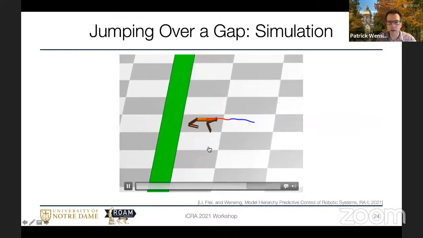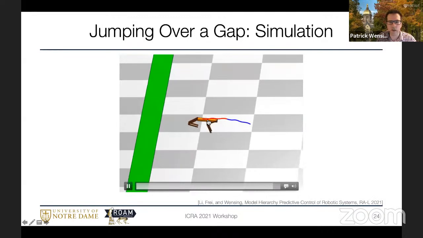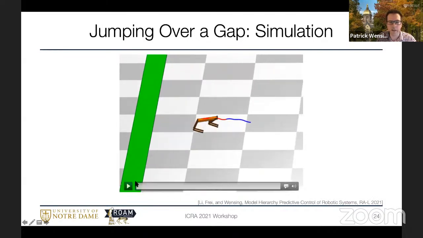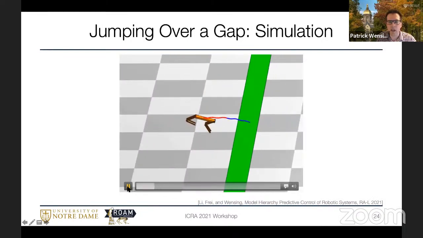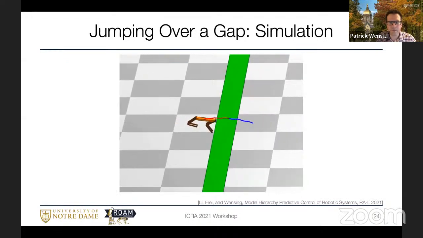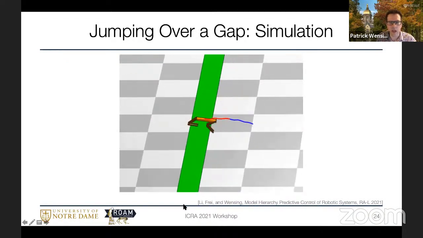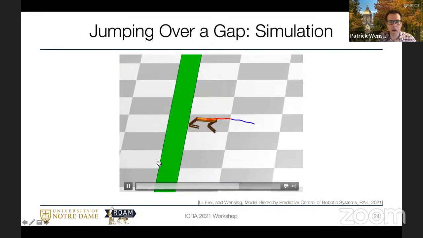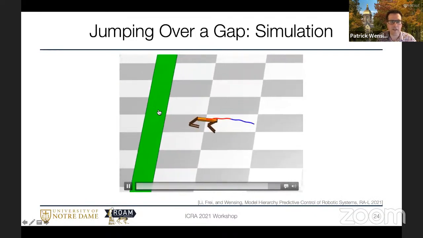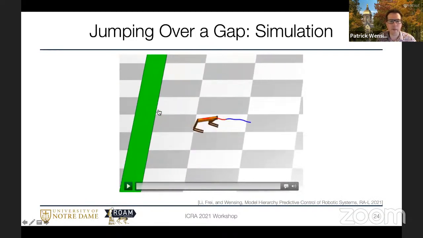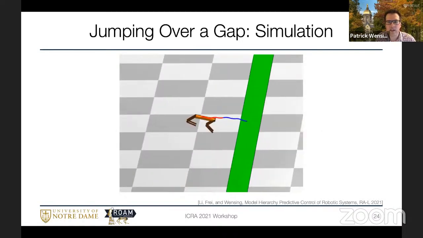And so you'll see here what we're doing is we're solving this trajectory optimization problem in a receding horizon fashion, always updating it as we go. And so here, this green area is an area not to step. You might think of it, green is like a garden that you don't want to step on or something of the sort.